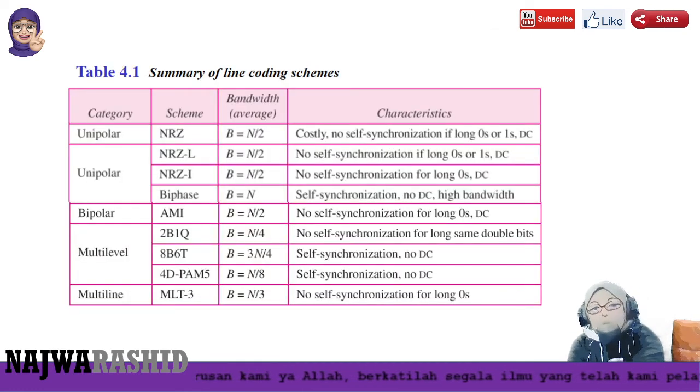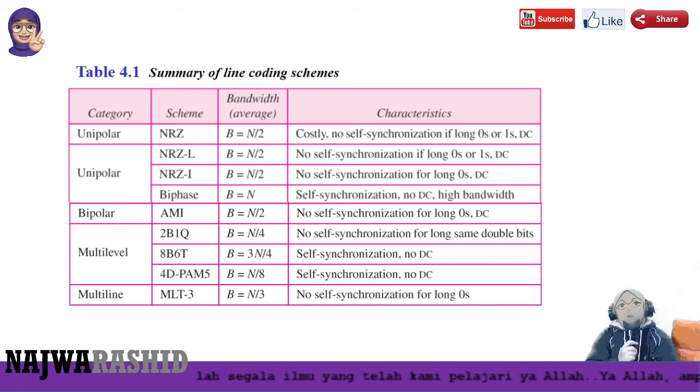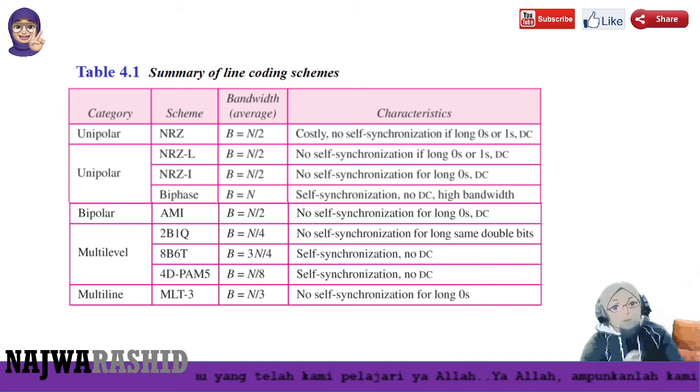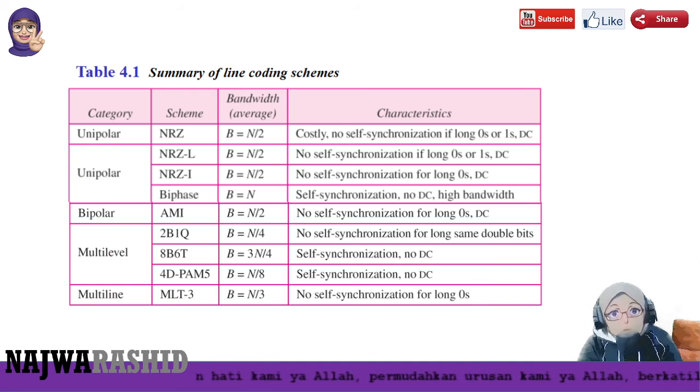And then this one is the summary of the line coding schemes. For unipolar we have NRZ, and then we have NRZ-L for level, NRZ-I, and then we have bipolar AMI. We have multi-level 2B1Q, 8B6T.